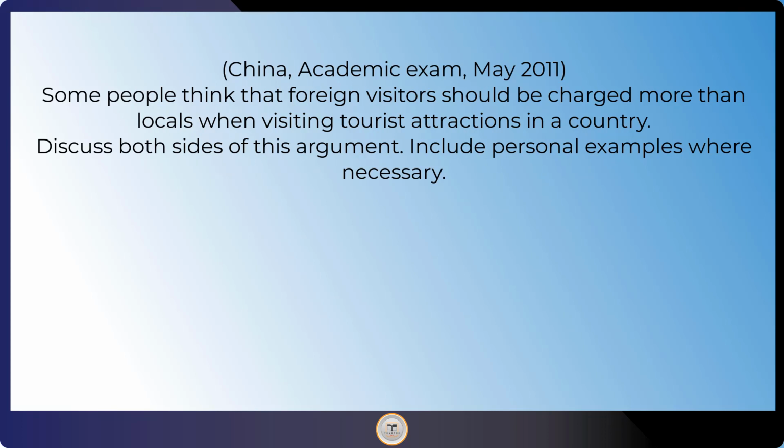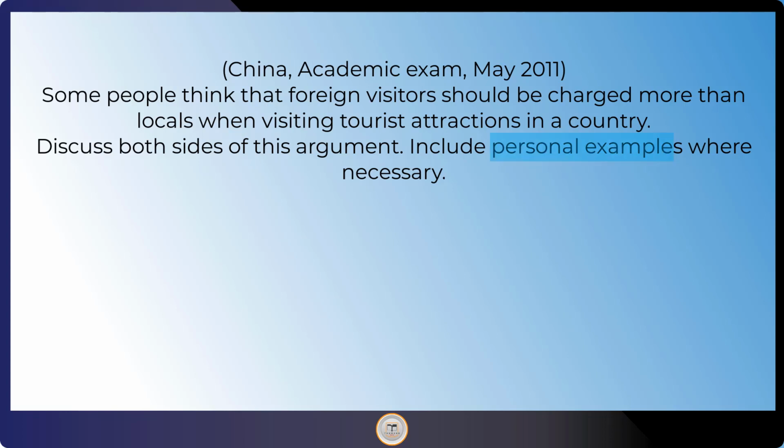Discuss both sides of this argument. Include personal examples where necessary. Okay, of course this would be a discussion essay. What would be special about this discussion essay is that we would need to include at least one personal example.